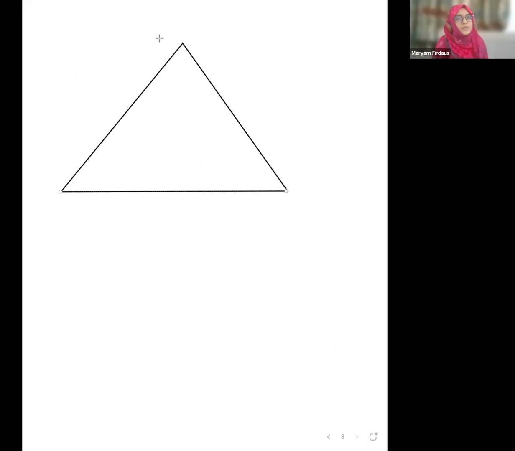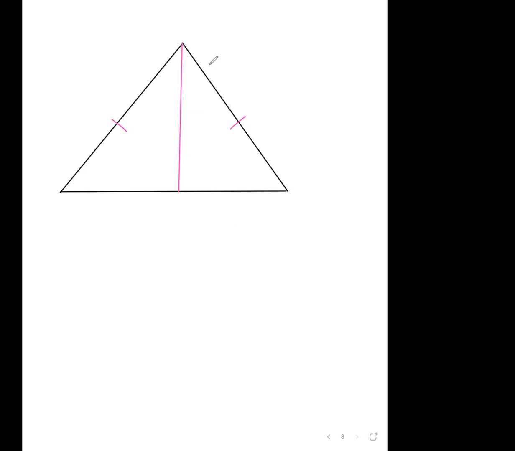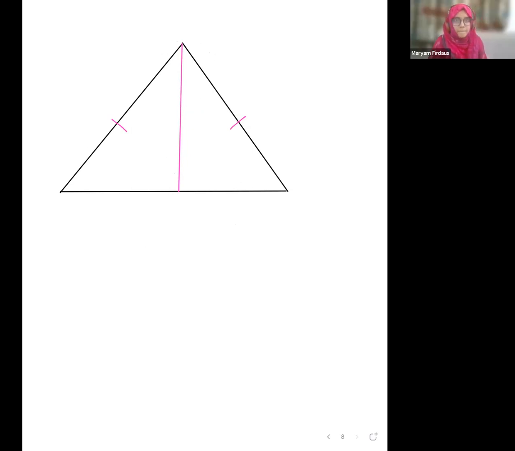When you draw a median between the two equal sides, this median is going to divide the triangle in such a way that if you fold this triangle along the median, both of these sides are going to coincide on top of each other. They're going to lie on top of each other perfectly. It's dividing it into exactly two equal halves. Can you see that? Yeah.